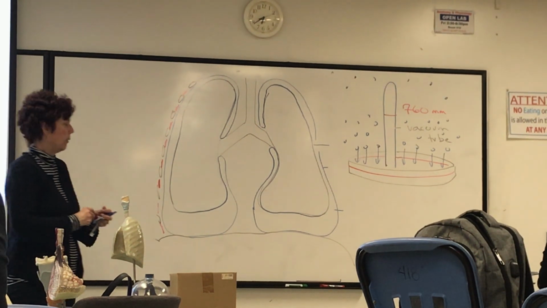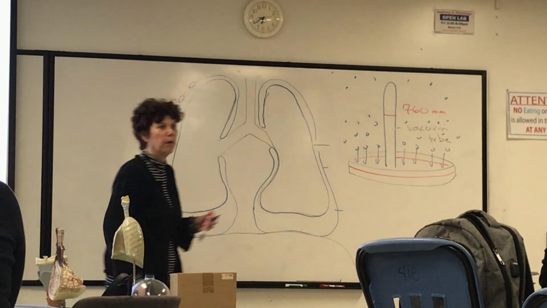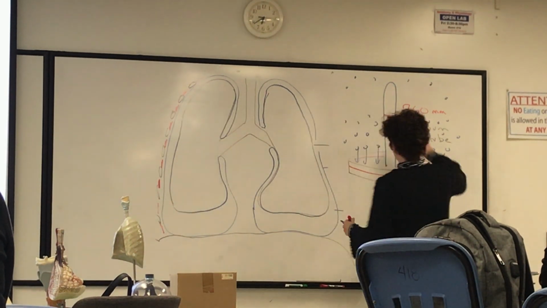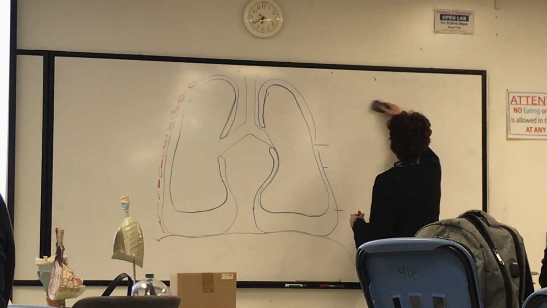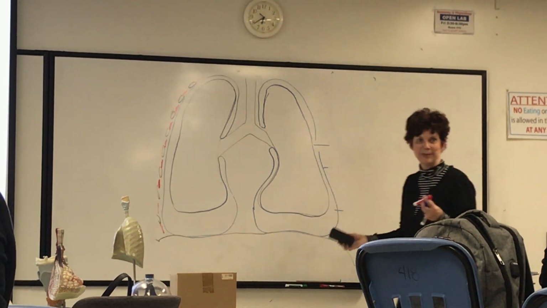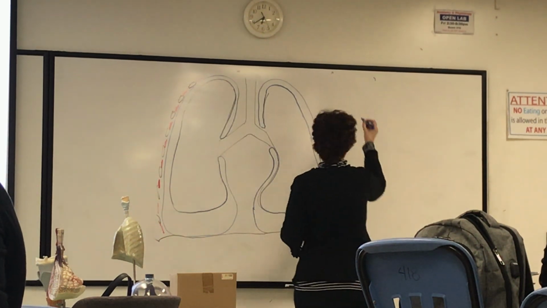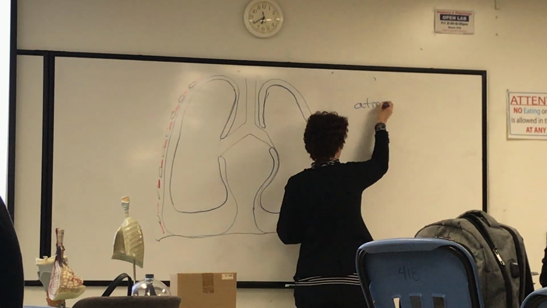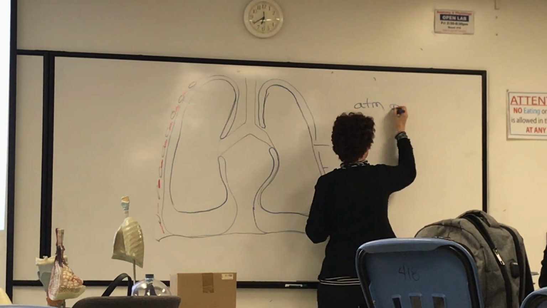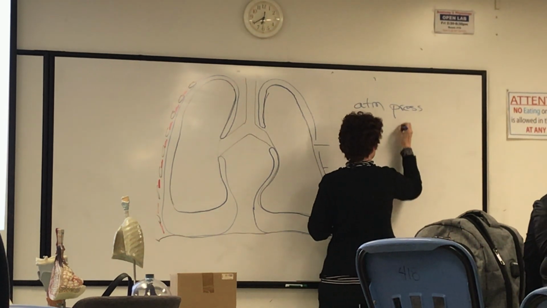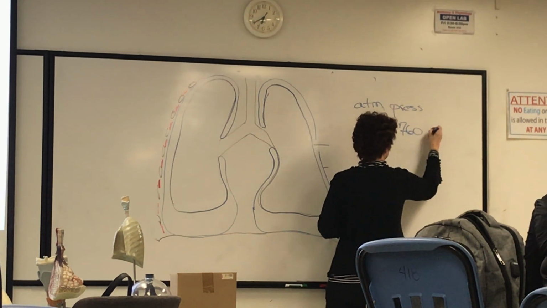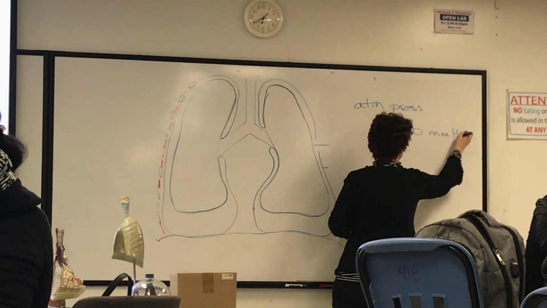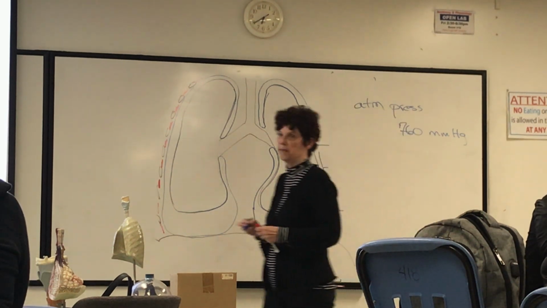Alrighty? So, atmospheric pressure. We're about 50 feet above sea level here, depending on what part of Sacramento or the surrounding area you're in, but we'll assume sea level. So atmospheric pressure around our body is 760 millimeters of mercury.